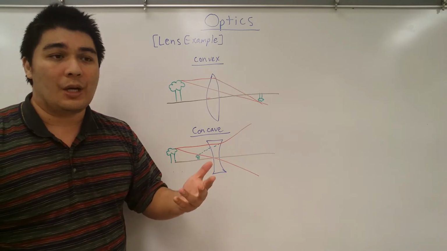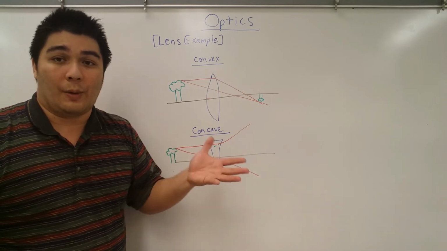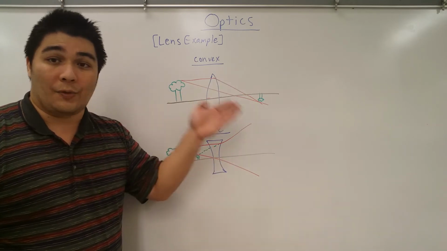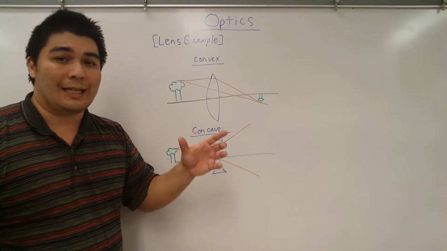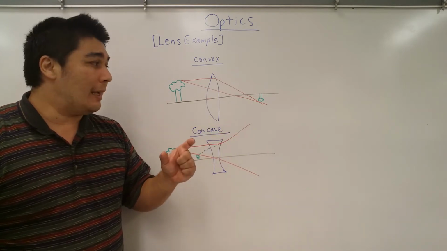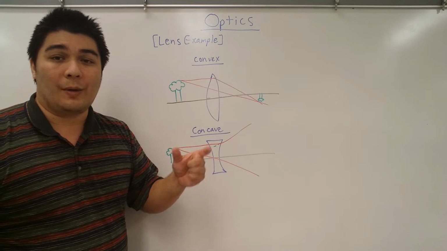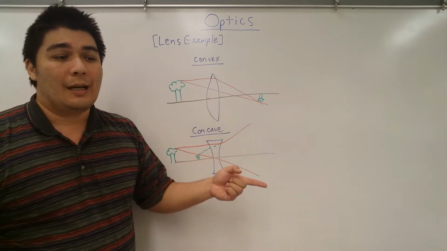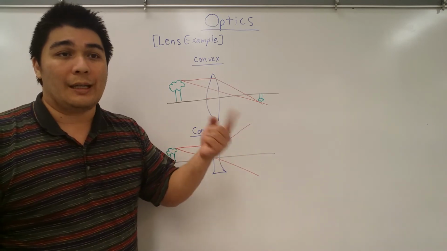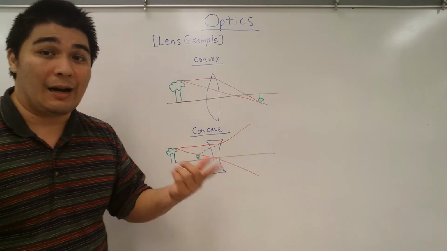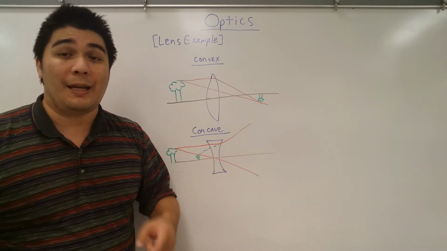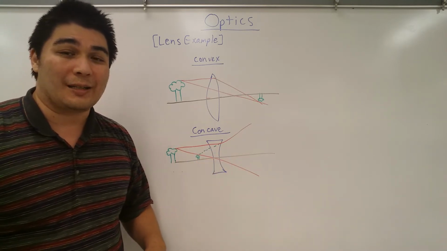It depends, of course, how far away the object distance is and the focal length of the lens itself, and that will all determine where the image is and whether it's real, virtual, inverted or not inverted, and how big the image will actually be. I'll show that in a few minutes.